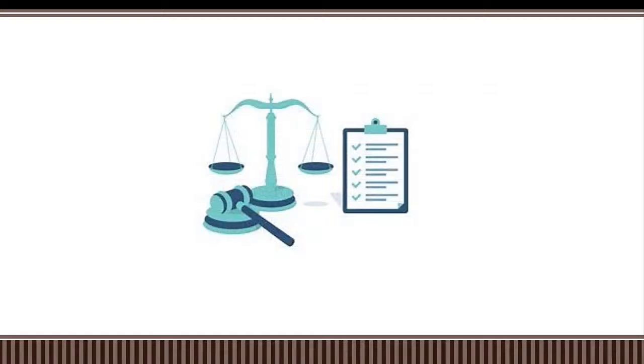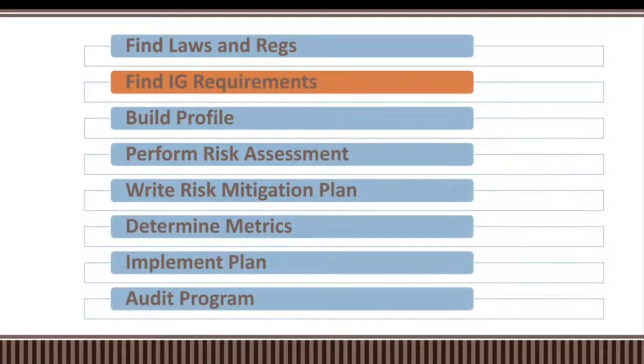Now, in addition to these regulatory and legal aspects, there are your internal aspects, and this is your information governance requirements. So this can be different from the legally mandated minimums.